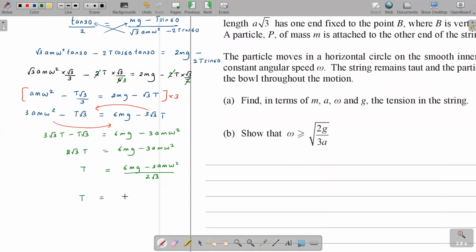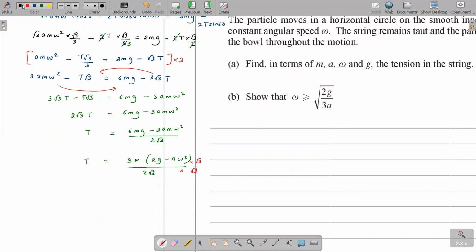So what's the common thing? I can take a 3 out. I can take an m out. So I remain here with 2g minus 3, and m goes out. I remain here with a omega square. This is simplifying a little bit further over 2 root 3. So if you want, we could multiply both up and down by a root 3. Rationalize, because we normally don't leave the answer with a root in the denominator.